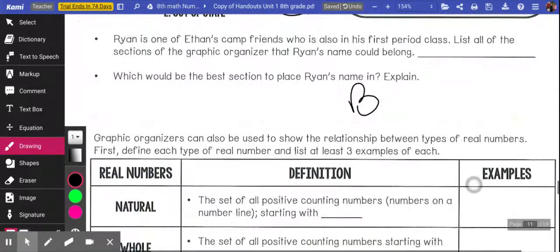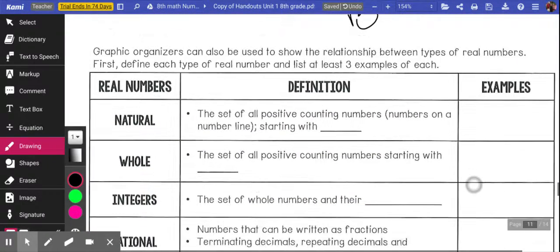Okay, so we can also use that for real numbers. And like I said, real numbers are just all the numbers. And they want you to give 3 examples. So first we have natural numbers. This is the set of all positive counting numbers. Like the numbers when you look up at my number line on the positive side, and they start with the number 1.